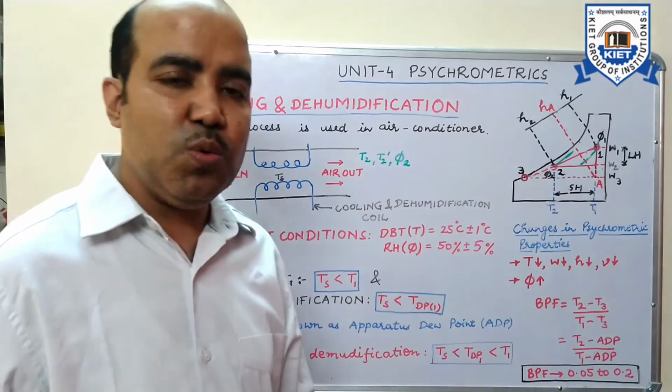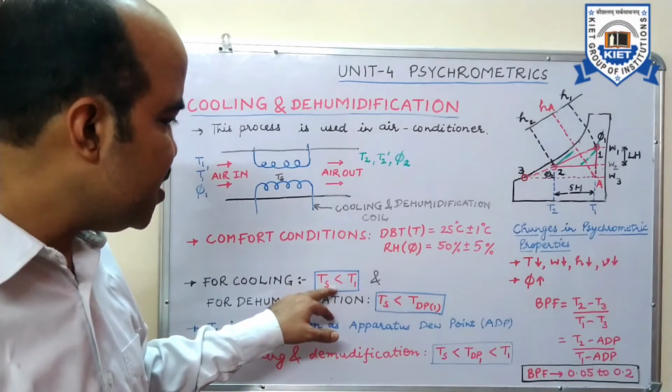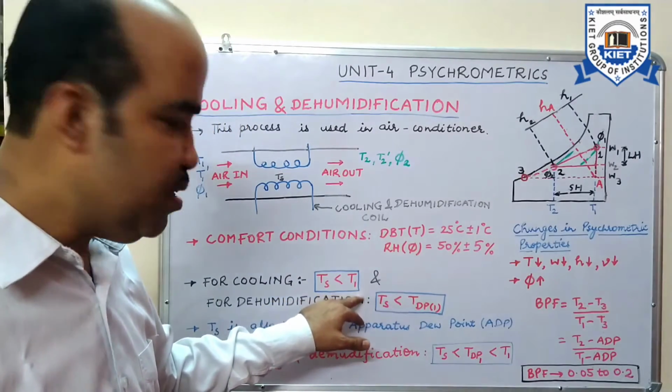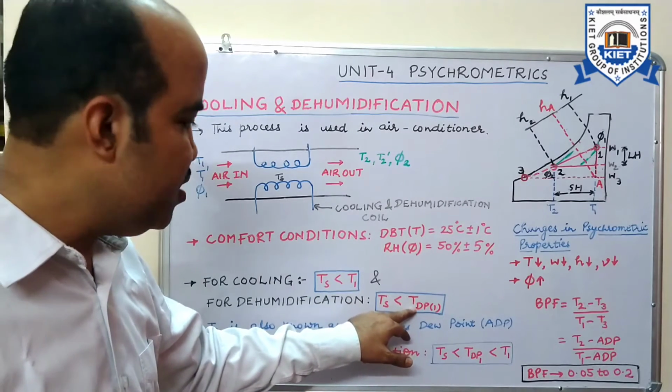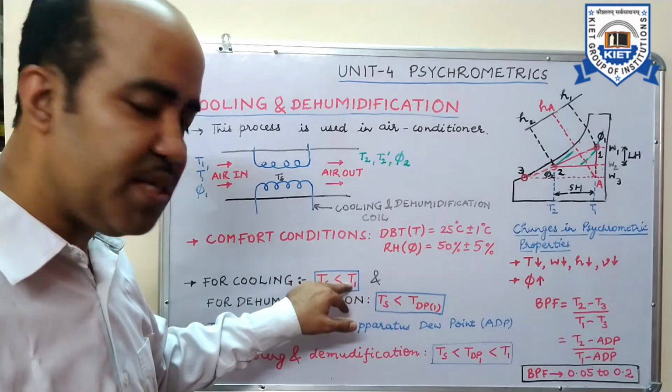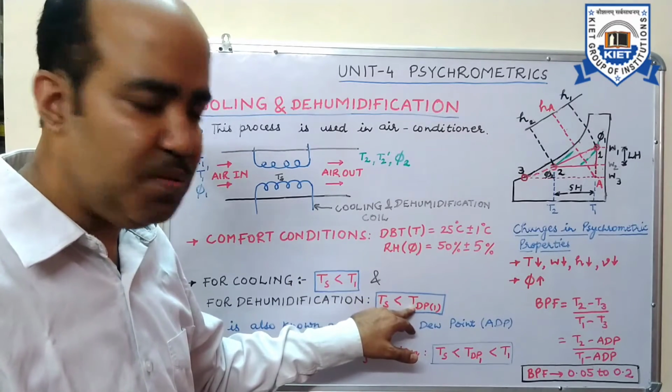So for cooling and dehumidification both to take place, as you can see over here, Ts should be less than T1, and Ts should also be less than the dew point temperature. If this is the dry bulb temperature, this is the dew point temperature corresponding to point number 1.